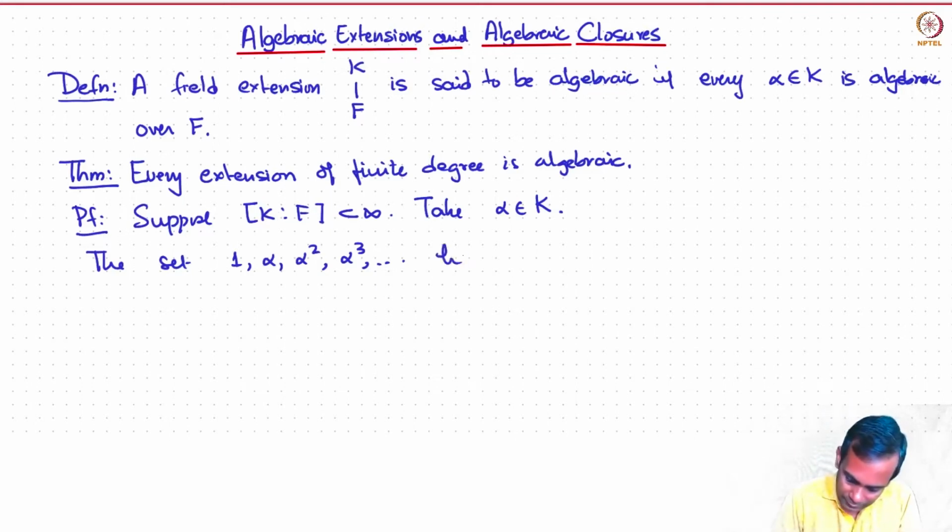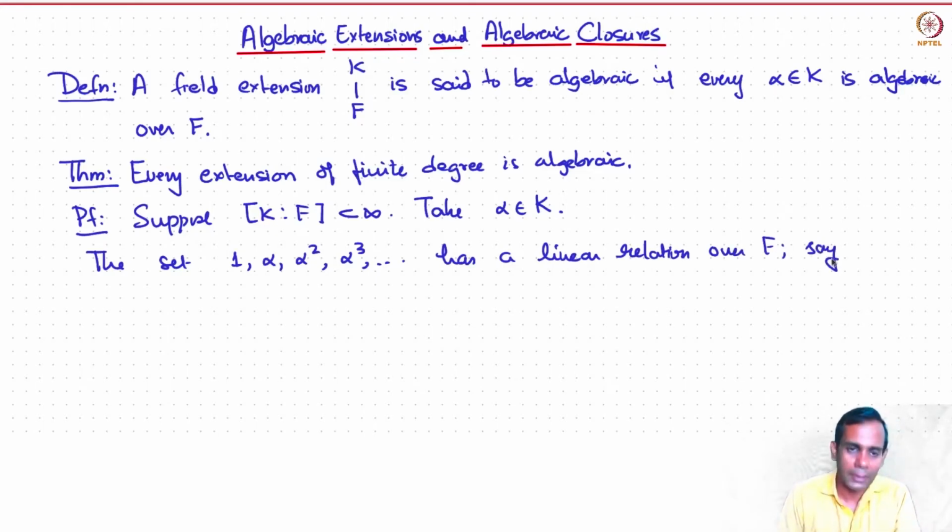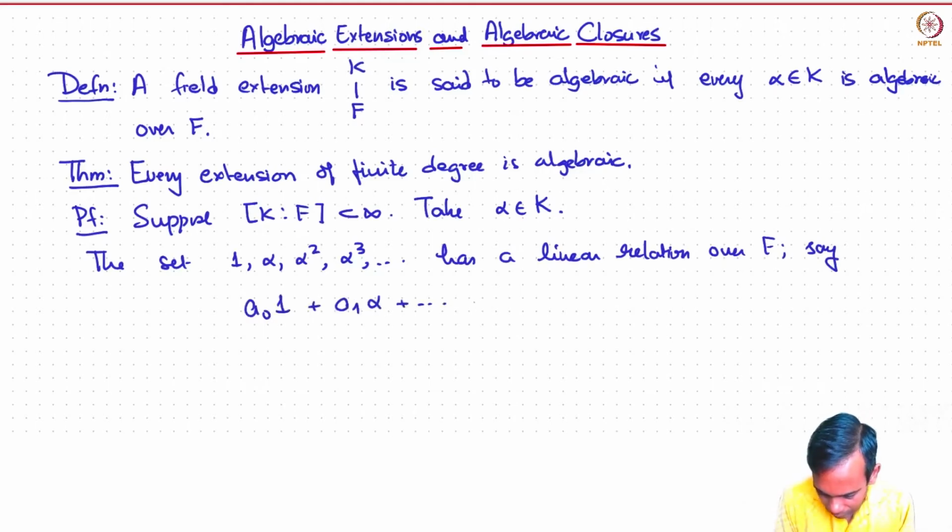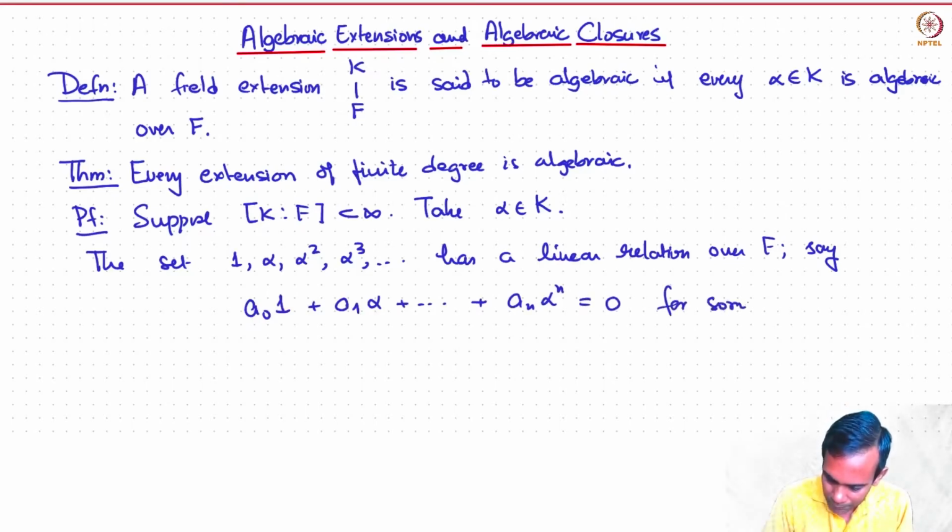So there is a linear relation over F. Say the first n of these have a linear relation, because every linear relation has to be finite. So a0 times 1 plus a1 times alpha plus and so on up to an times alpha to the n equals 0 for some positive n.